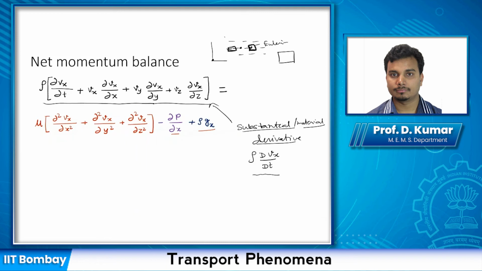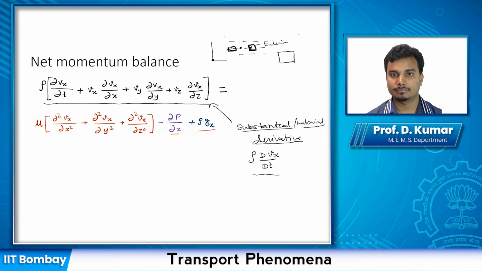When he or she reaches here, both of you, whether looking from the lab or from the boat, should find the same concentration. So that is the meaning of this term. That overall derivative is given by this term.